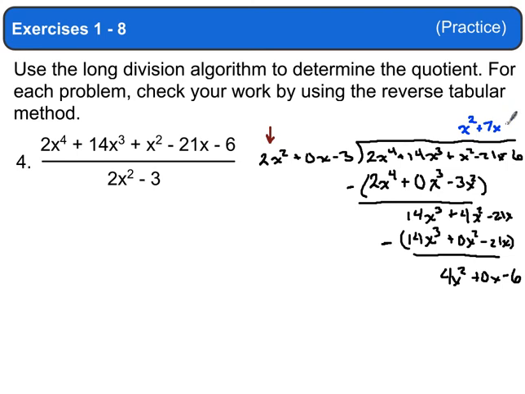So we put a plus 2. And if it all works out, watch this. We get a 4x squared, we get a 0x, and we get a negative 6. And we subtract all that, we get a 0. And so we find out our quotient is going to be x squared plus 7x plus 2.